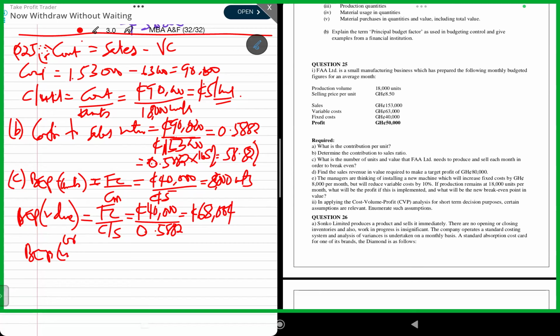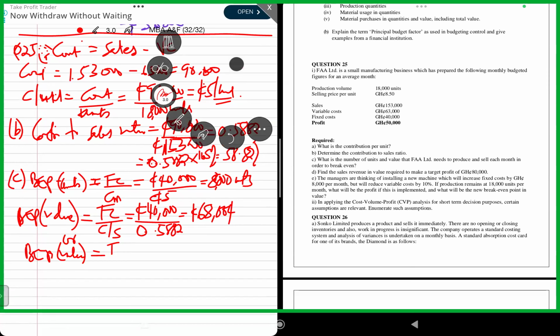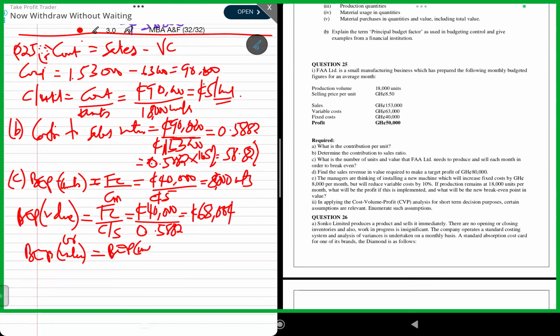Or the break-even point in value equals the break-even point in units times the selling price. The reason you have to state the formula is that you'll get a mark for the formula.